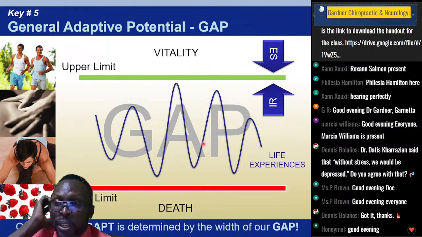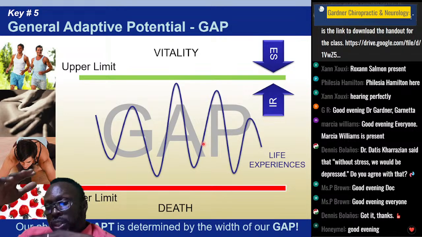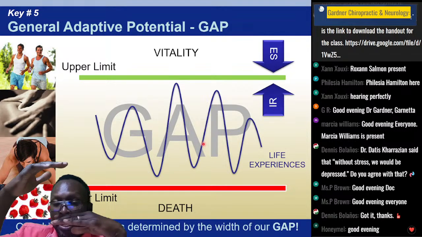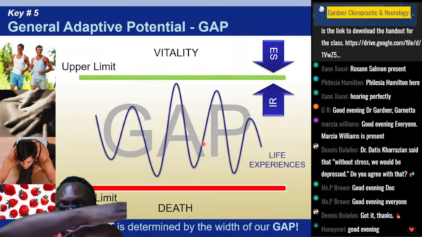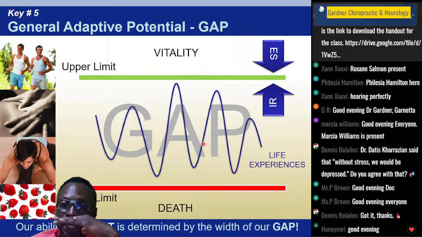Our experiences in life, we hope, will exist within the boundaries of our gap. And once those experiences just oscillate gently within the boundaries of our gap, we don't break down, we don't get sick.